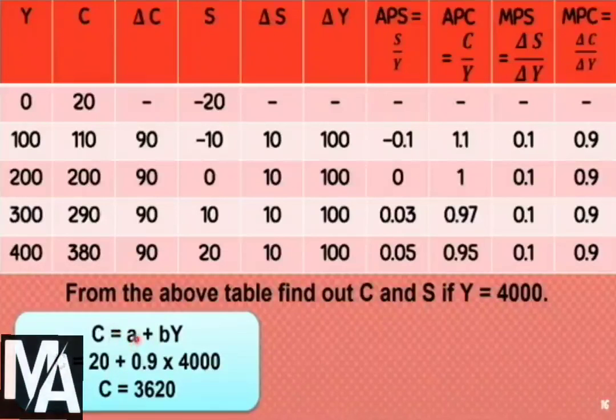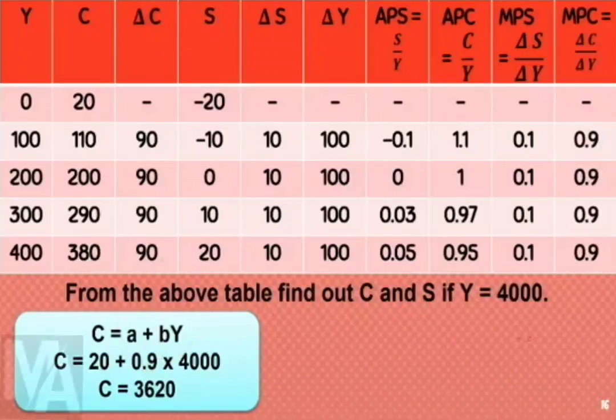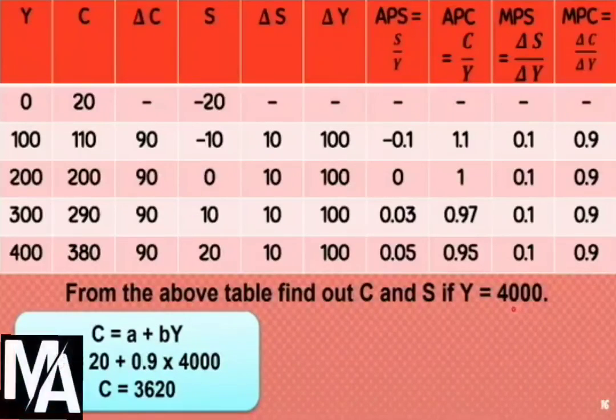A is the autonomous level, which here is 20. B is MPC, which at every level is 0.9. And Y is the level of income. So when income is 4,000, what is the consumption? 0.9 into 4,000 is 3,600, plus 20 is 3,620.